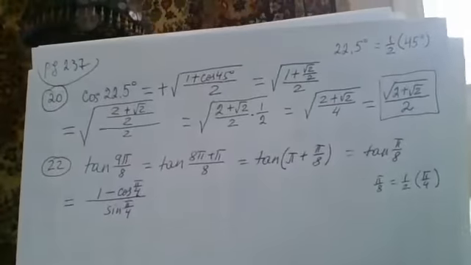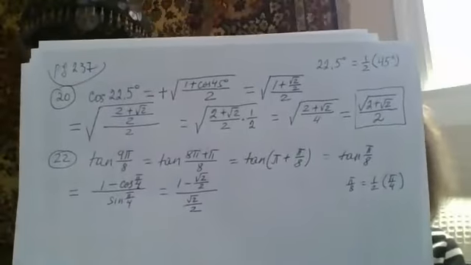This is from formulas number 11. And instead of cosine of pi over 4, we have 1 minus square root of 2 over 2. And on the bottom, we also have square root of 2 over 2. And proceed: on the top, with 2 in the denominator, it will be 2 minus square root of 2. On the bottom, you have square root of 2 over 2.